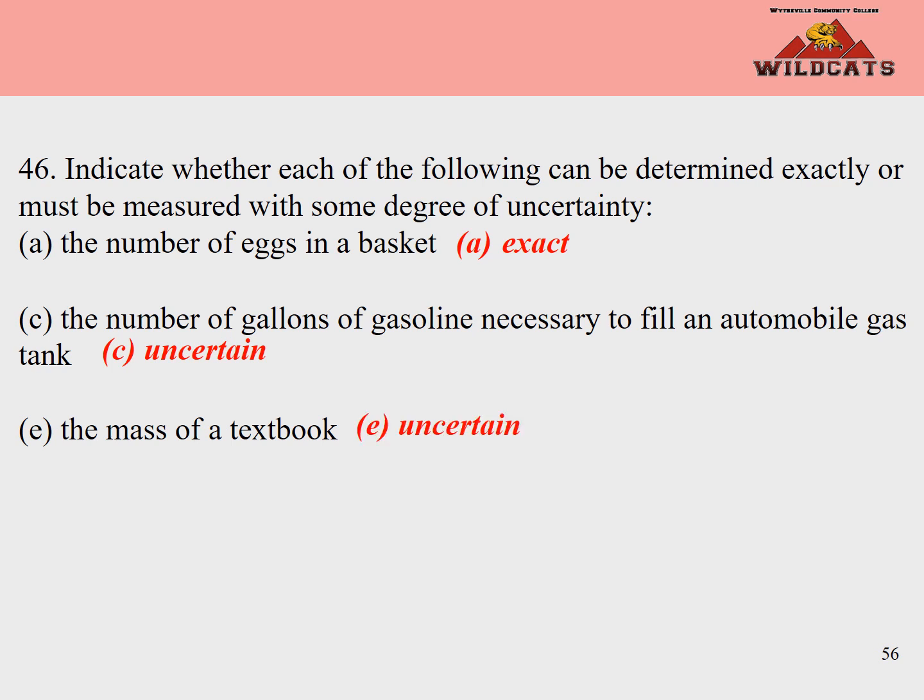And the mass of a textbook is uncertain, because you would put it on a balance, you would measure it out, and it would weigh 2.36 kilograms. Notice the key thing here with the eggs is we can count, and counting numbers are always exact. And then we'll have some conversion definitions.